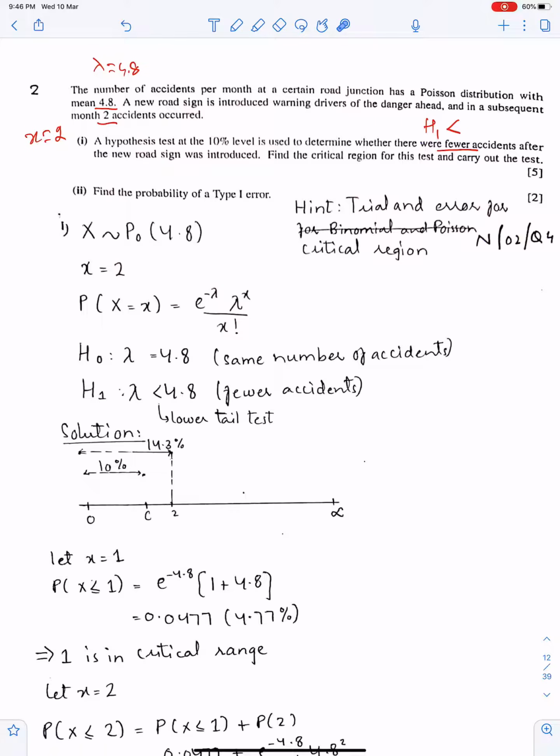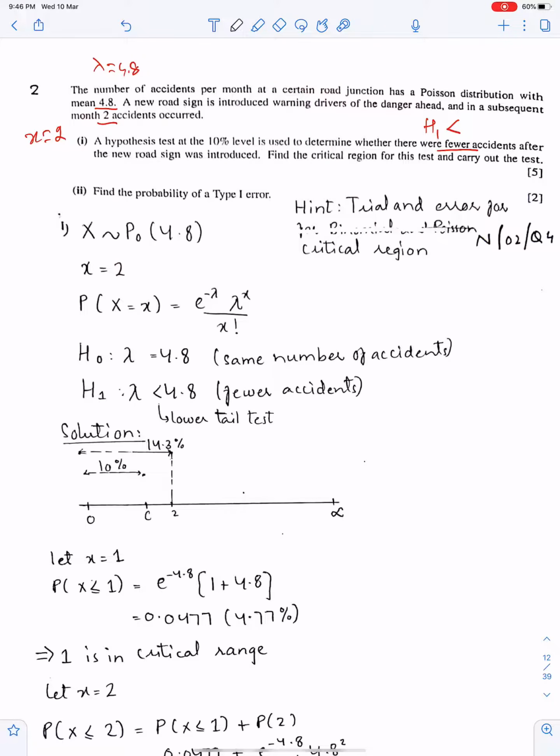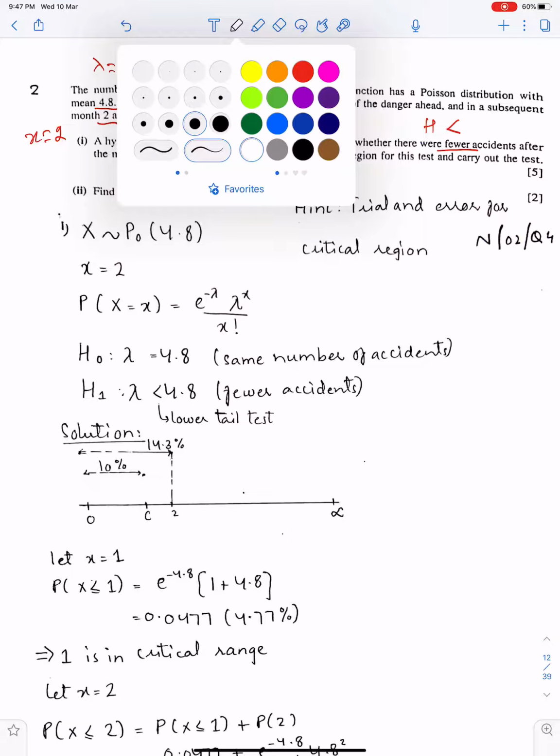So we will use trial and error method for the critical region.